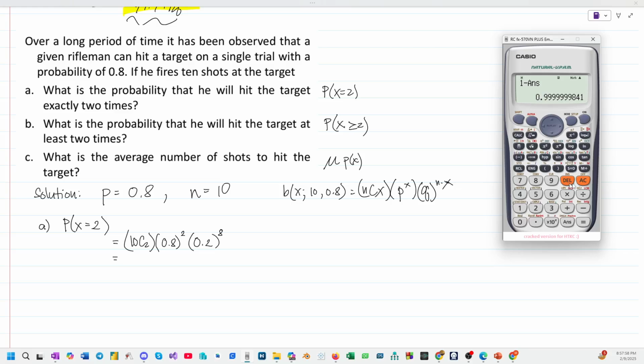So we have 10 combination of 2, 0.8 raised to 2, and then 0.2 raised to 8.